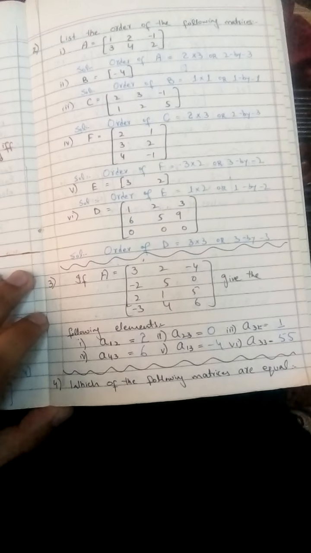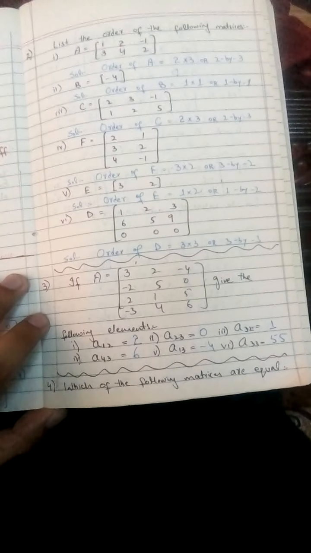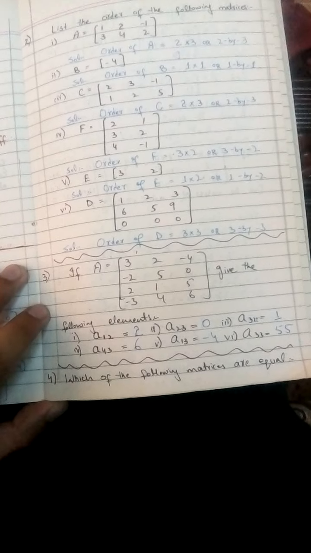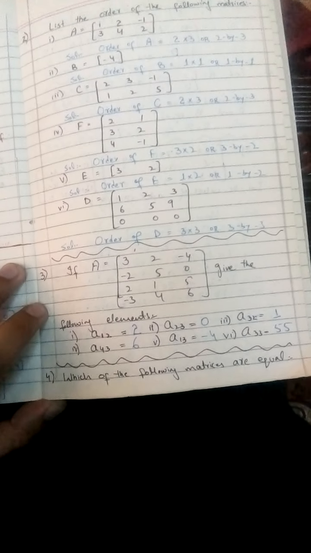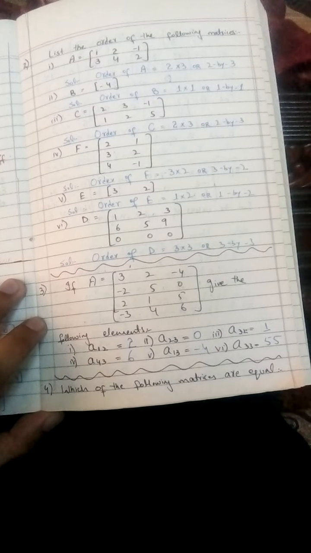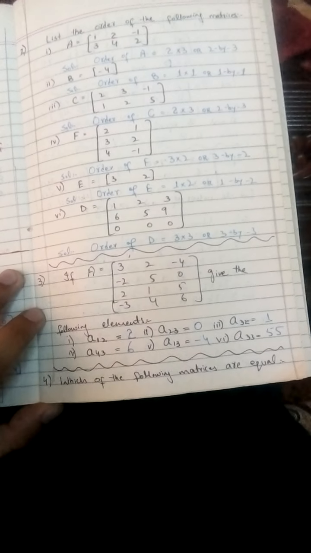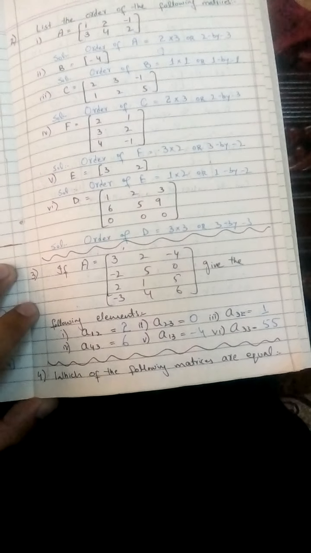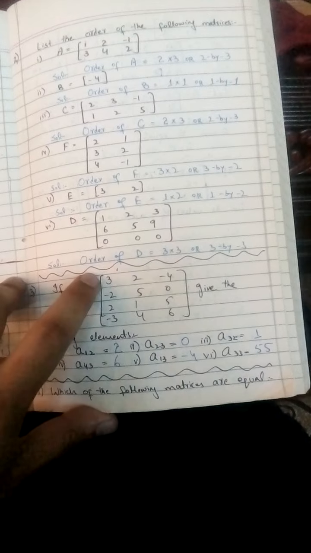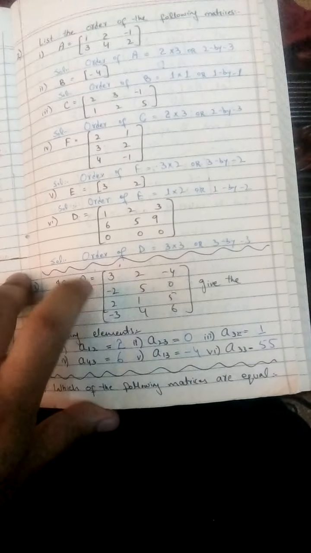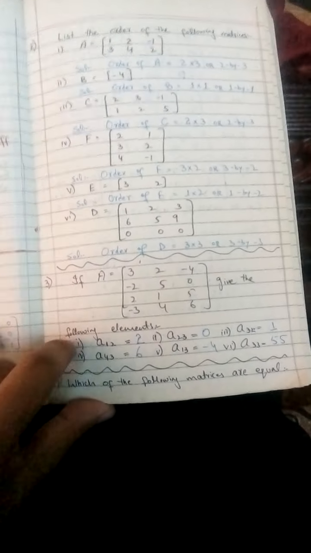Now in question number 3, he asks you to find the elements. If you see here in this matrix you have 1, 2, 3, 4 rows and 3 columns, a rectangular matrix, and you are given the following elements.